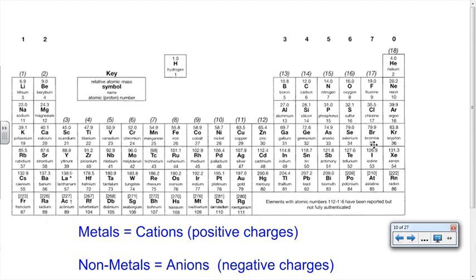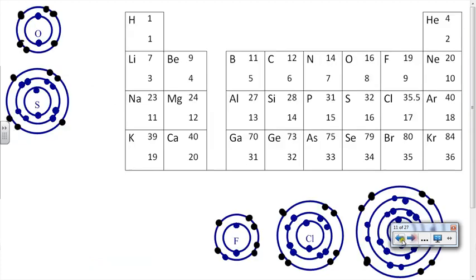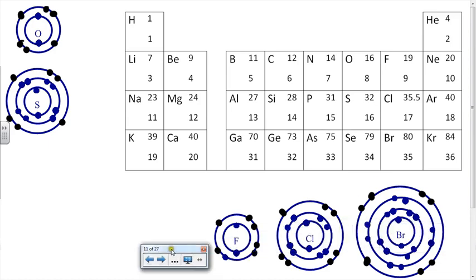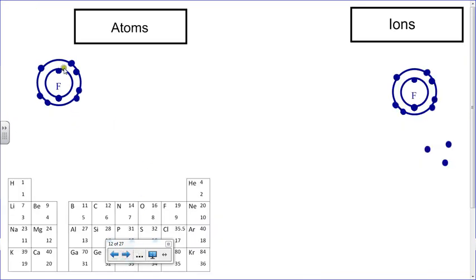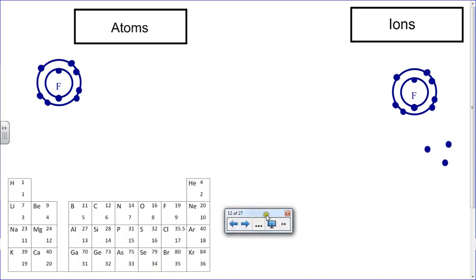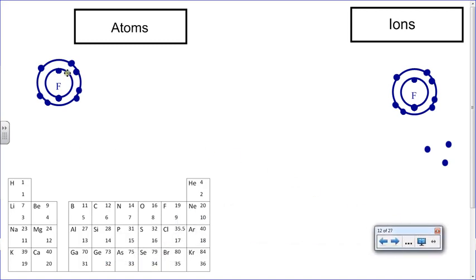Okay, let's look at some of the non-metals now from over here. We've got shown on the screen here oxygen and sulfur, both found in group 6, and then some of the halogens, which are found in group 7. So we've got fluorine in group 7, and it has 1, 2, 3, 4, 5, 6, 7 electrons in its outer shell.